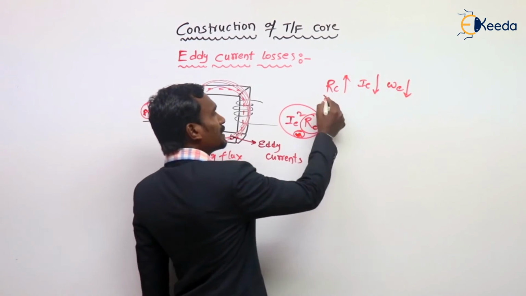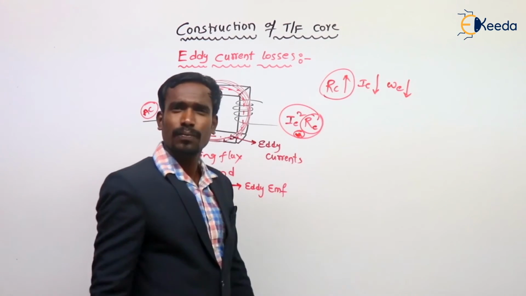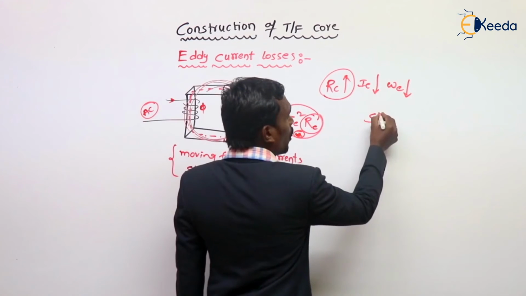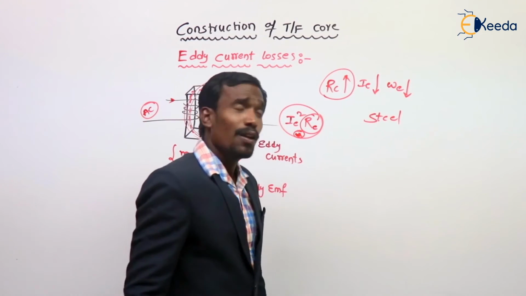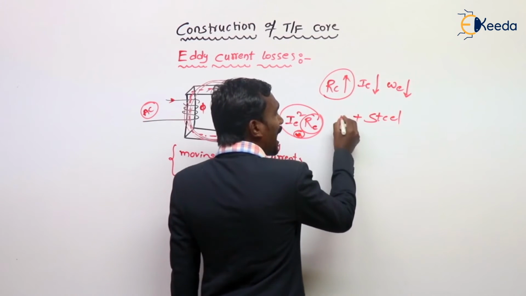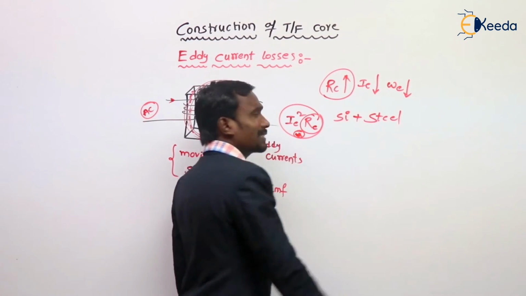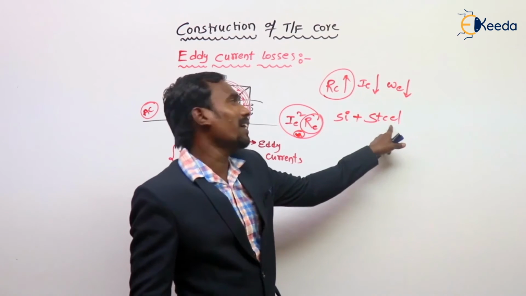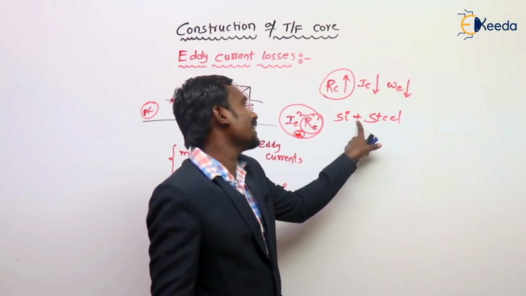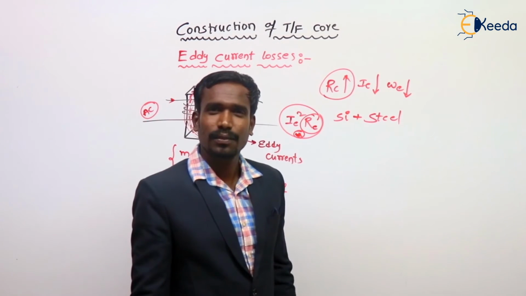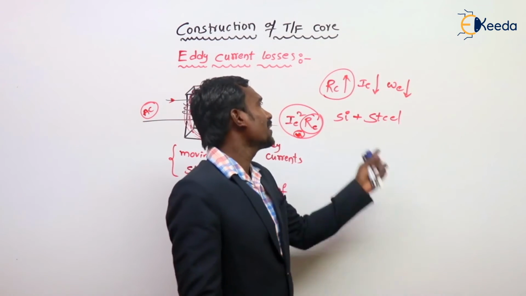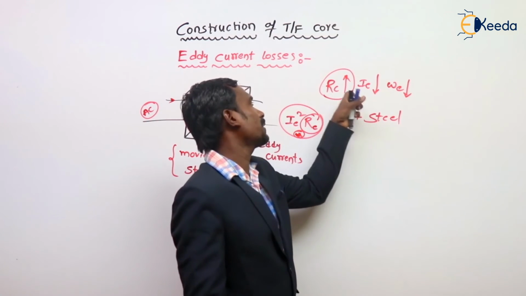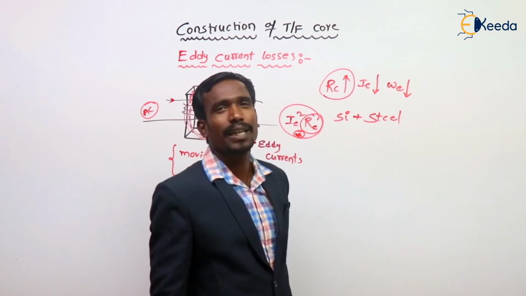How can we increase the resistance of the core? Generally, the core is made up of steel material. Steel is a conductor. For this, I am adding a semiconductor, silicon. When silicon is added to the steel, due to its semiconductor property, the resistance value increases.